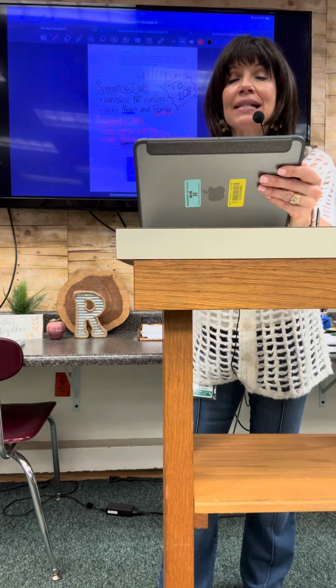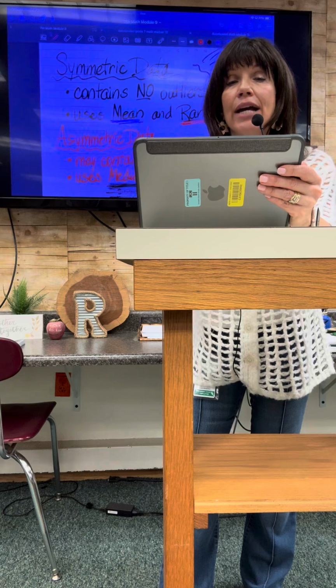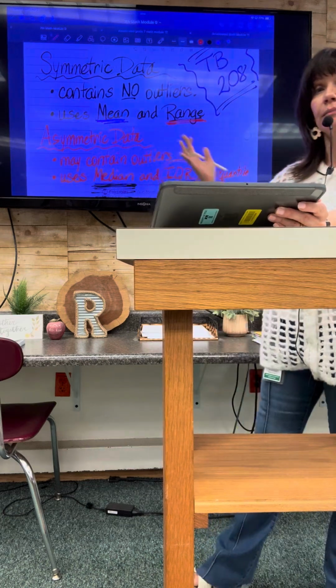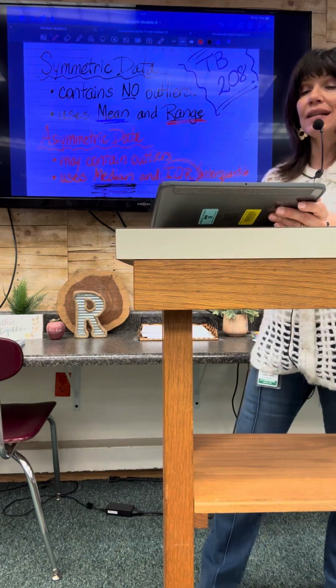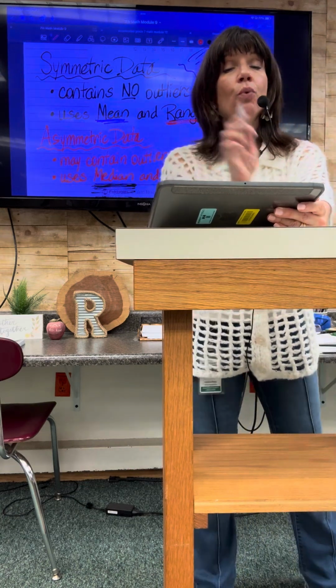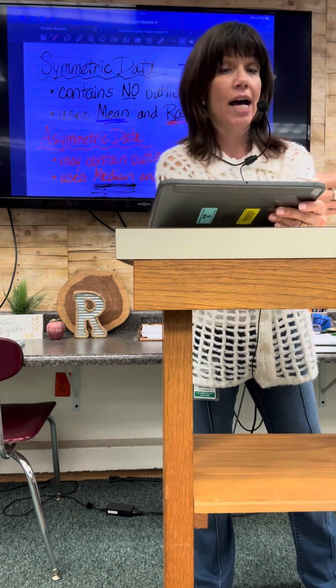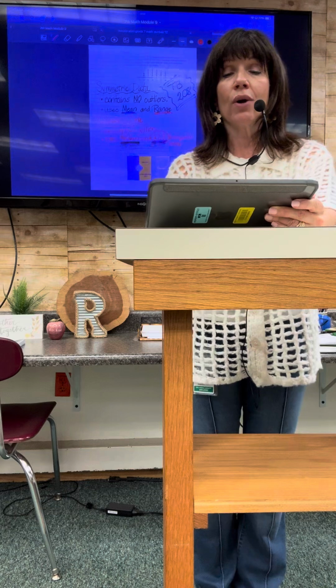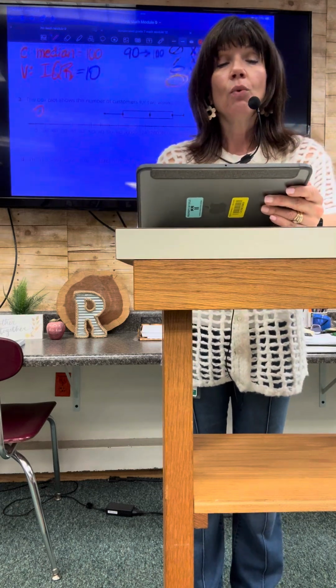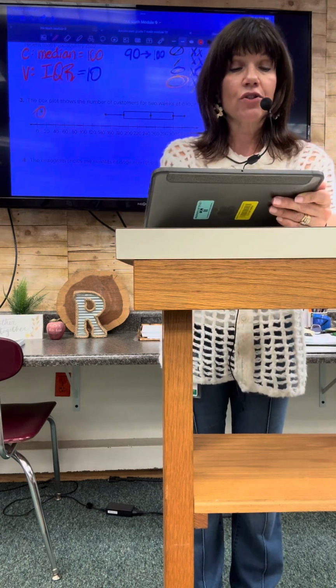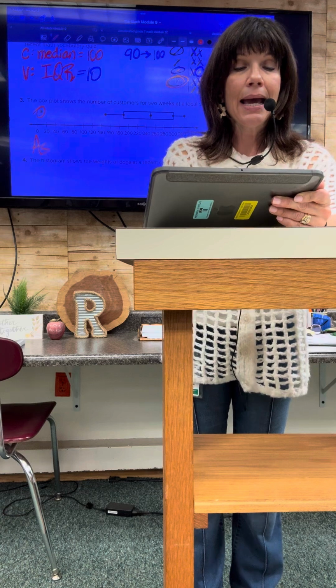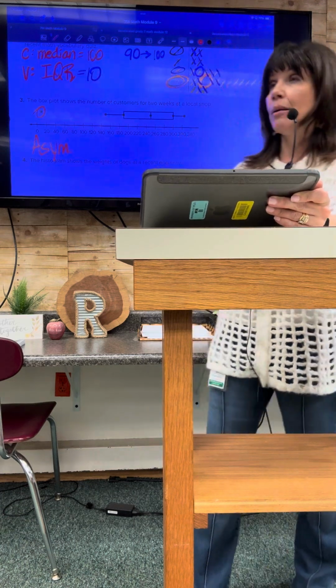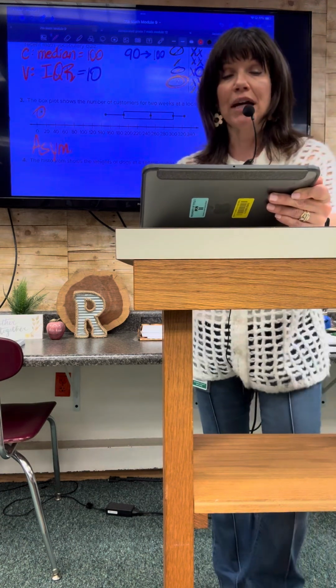Which one says contains no outliers, symmetric or asymmetric? Asymmetric says may contain outliers. Which one says cannot have outliers? Symmetric. So is this data symmetric or asymmetric? We already know it's asymmetric. So go ahead and write asym, or however you want to abbreviate asymmetric.